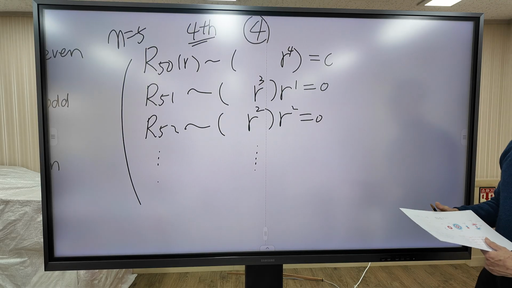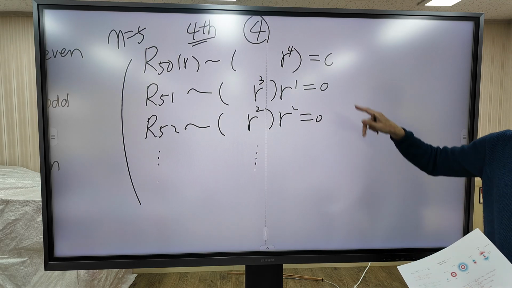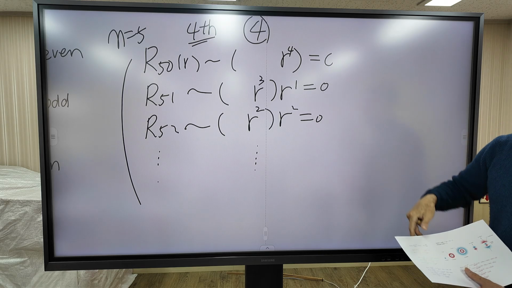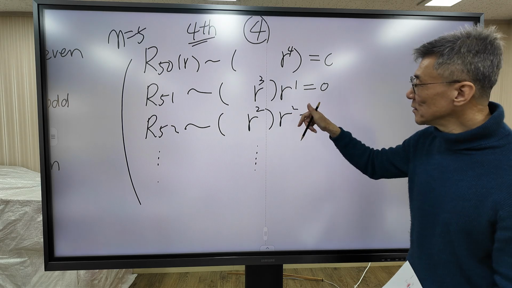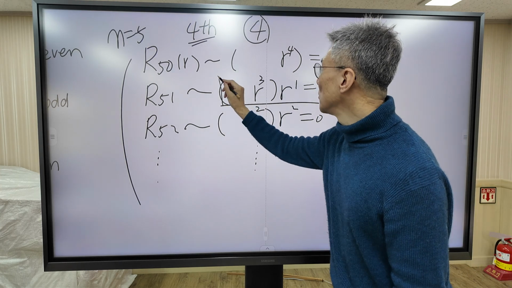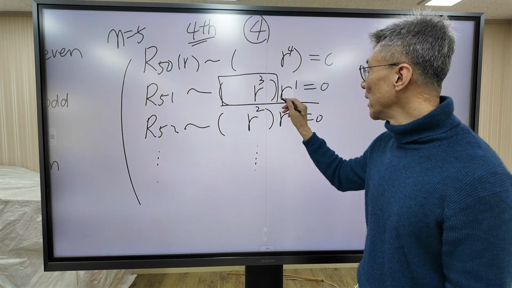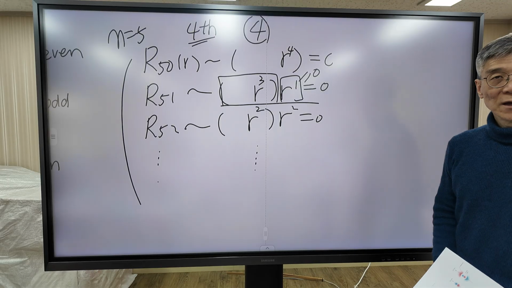But a nodal point must satisfy 2 conditions. The first condition is that the wave function must be 0. But the second condition is that the function value must change. In this case, we have 4 solutions. 3 solutions come from this part, and 1 solution is 0, right?